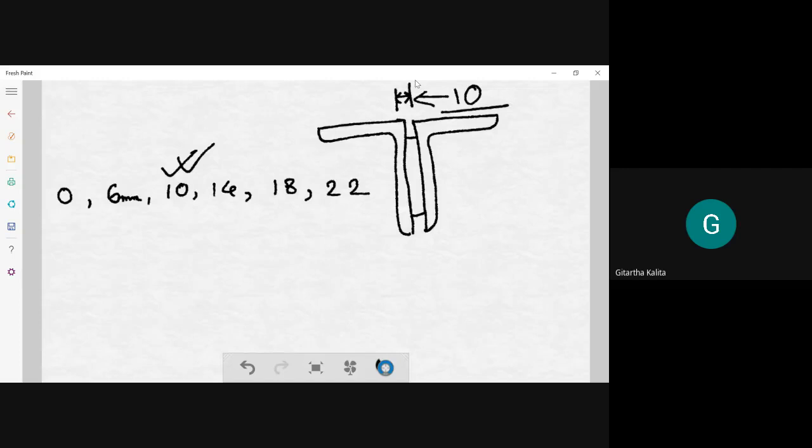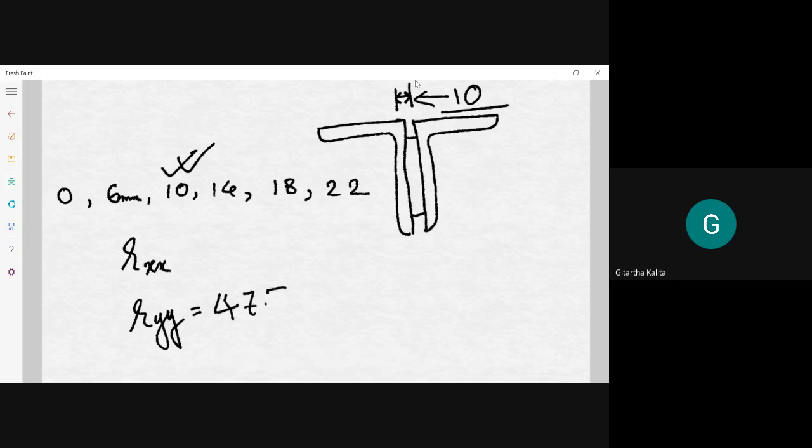Okay, so as we have told, we need radius of gyration, Rxx and Ryy. Ryy will be dependent upon this spacing. So if we see the Ryy value for spacing of 10 mm for ISA 150, 150, 10, it is 47.5 mm.